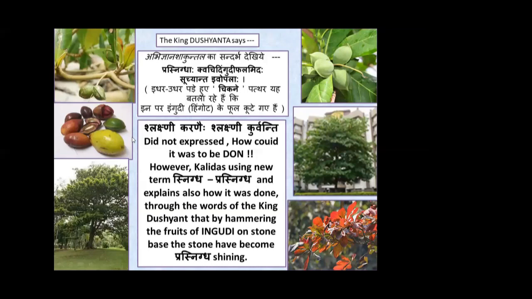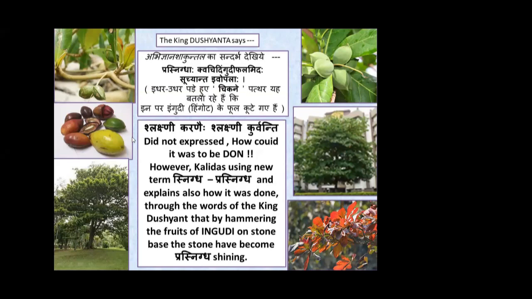So this indicates the method which was used, how the oil of a certain tree was used, and how this was prepared, how the oil was taken out, and it is very clear to me at least.